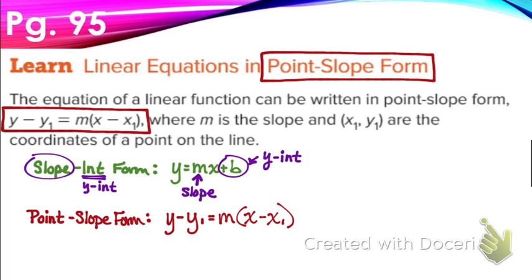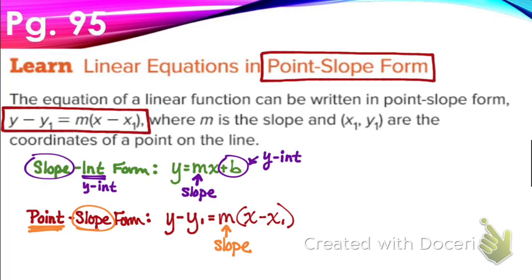What's the same about these two? They both have slope. They're both going to tell me the slope. And what letter represents the slope? M. So here's my slope. And then it says point. This is just some point, any point. The y-intercept is a very specific point.